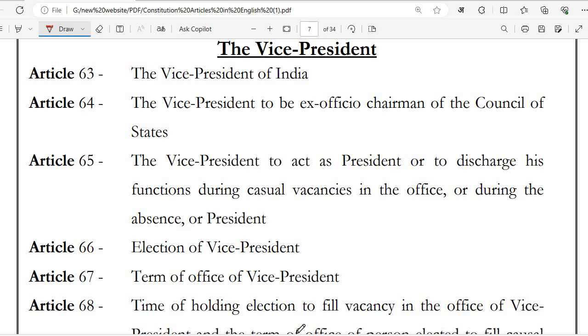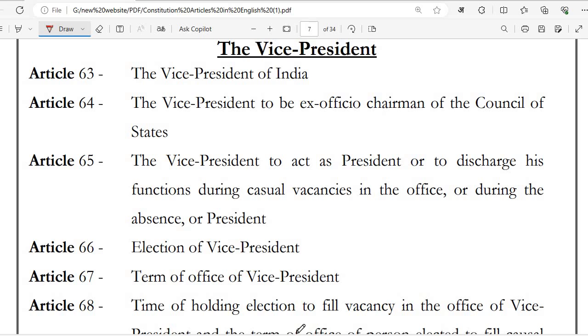You know, this is the difference between the election of President and Vice President. All the elected and nominated members of Lok Sabha and Rajya Sabha vote for the Vice President, but nominated members of Lok Sabha and Rajya Sabha cannot vote for the President, and the members of Vidhan Sabha cannot vote for the Vice President, but can vote for the President.